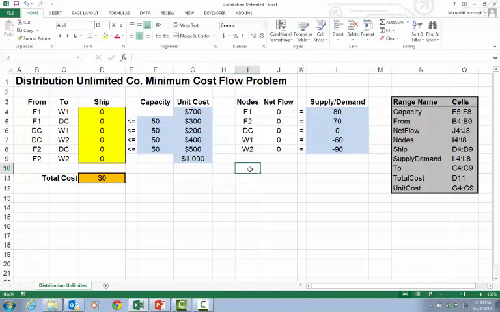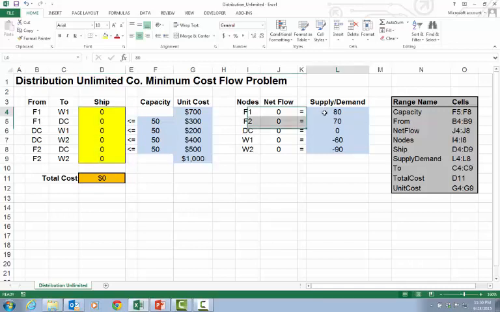Now, let me talk about the constraints before we dive into the solver representation. From an optimization standpoint, we're trying to minimize the objective, which is total cost. And our changing cells, our variables, are the amounts we're going to ship along each of those arcs. But here's some of the constraints associated with this.